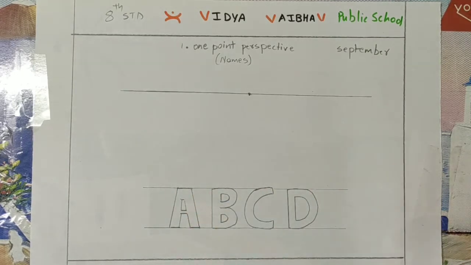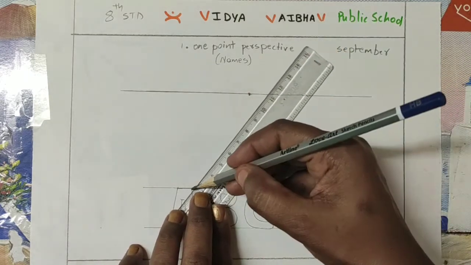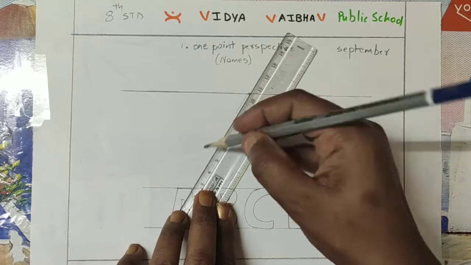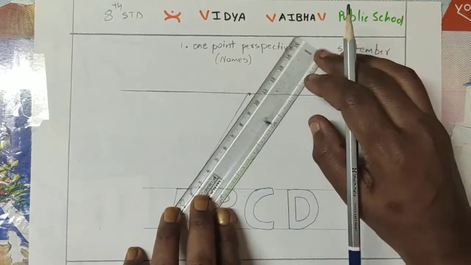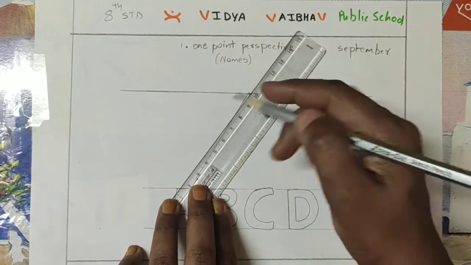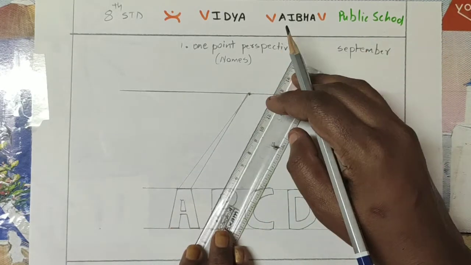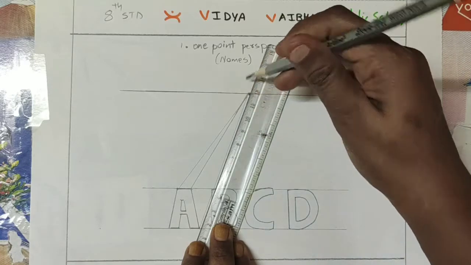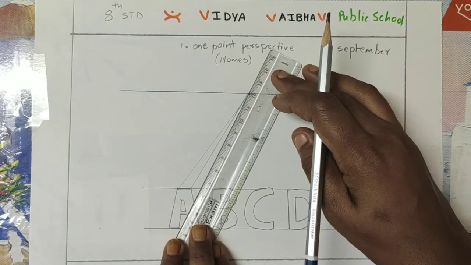Okay, using these points we should connect to the one point. You should draw the imaginary line very lightly, don't make it dark. See, very lightly you should find.